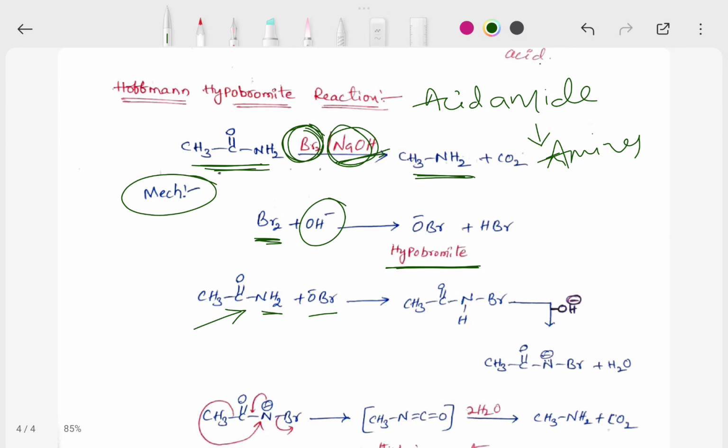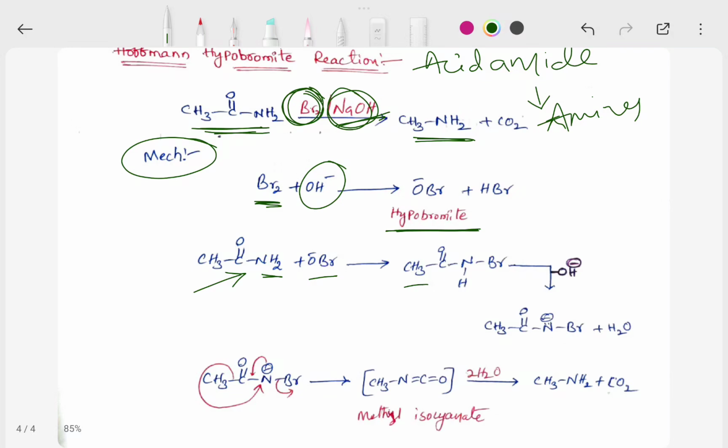This reacts to give one intermediate, CH3C double bond O NHBr, with loss of OH minus giving CH3C double bond O N minus Br plus H2O. This CH3CON Br rearranges: nitrogen donates electrons, and the methyl group is shifted from carbon to nitrogen with loss of bromide ion.